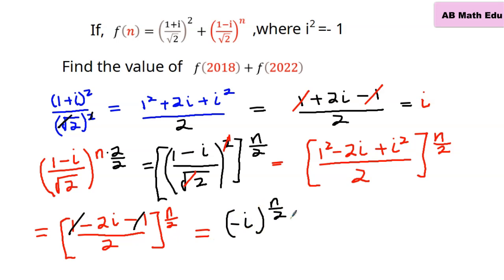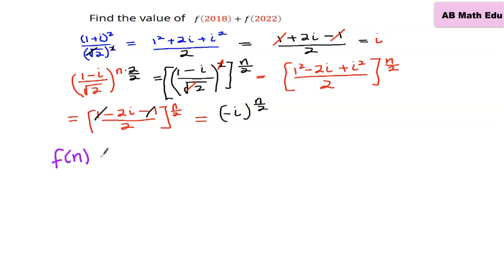So now we have made it easy so that we can go ahead and evaluate f of 2018 plus f of 2022. We have simplified f of n to be i plus (-i) raised to the power n over 2.